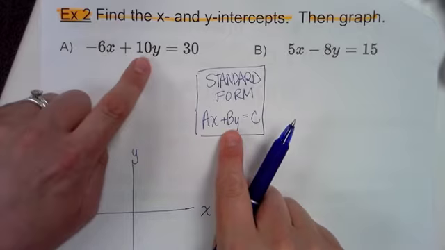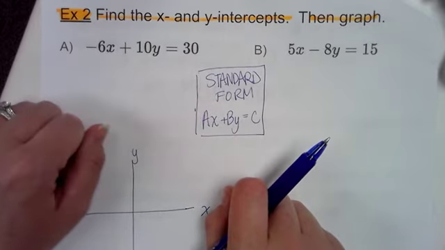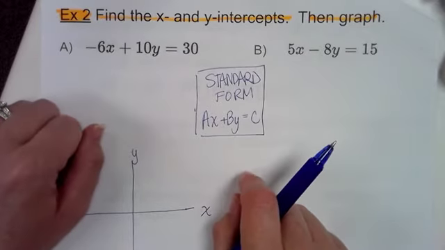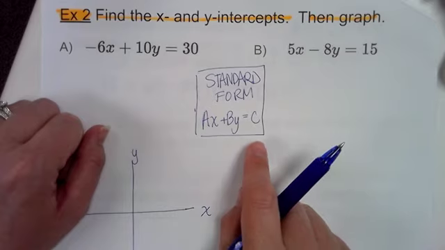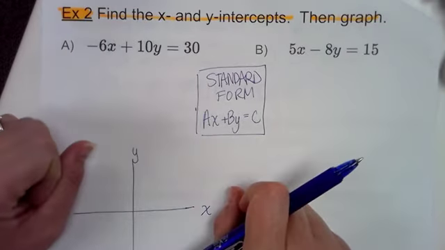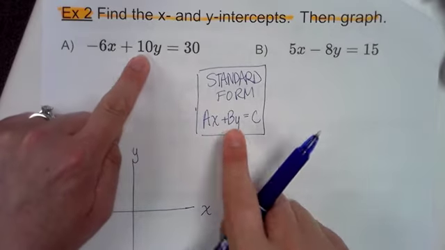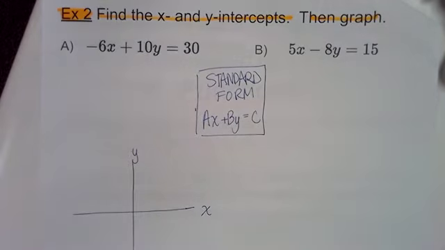And so if you're lining those things up, on this equation, what number represents the a? Negative 6, good. And what number represents the c? 30, yeah, I tricked you. What number represents the b? 10, very good. That's the number in front of y. Okay, so both of these are in standard form.